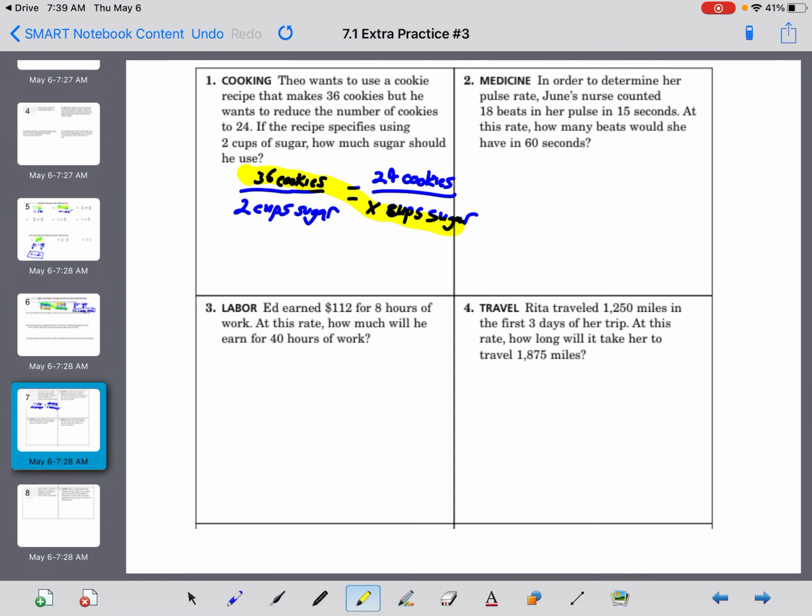So what do we get? 36 times X and 24 times 2. Well, 36 times X is 36X, and 24 times 2 is 48. If you divide both sides by 36, X equals 48 divided by 36 is 1.3 cups.